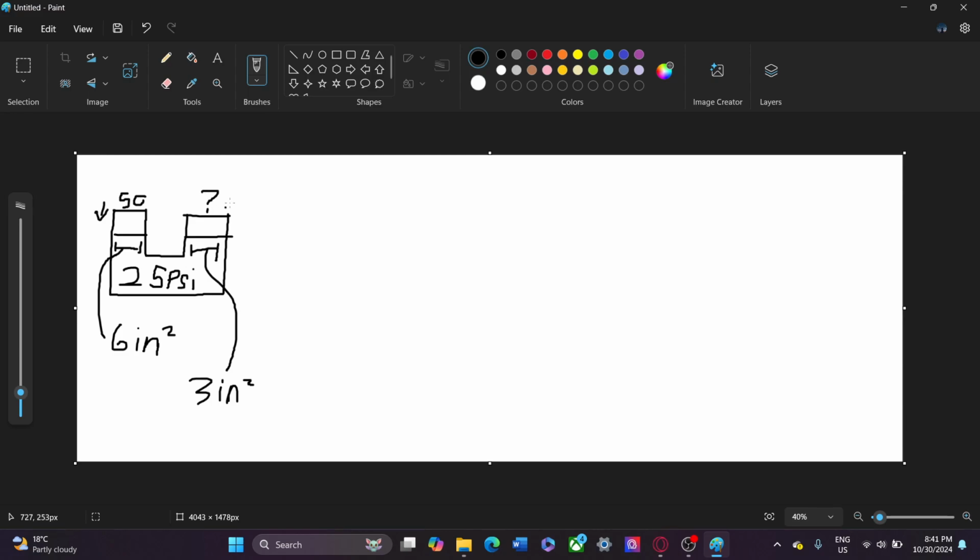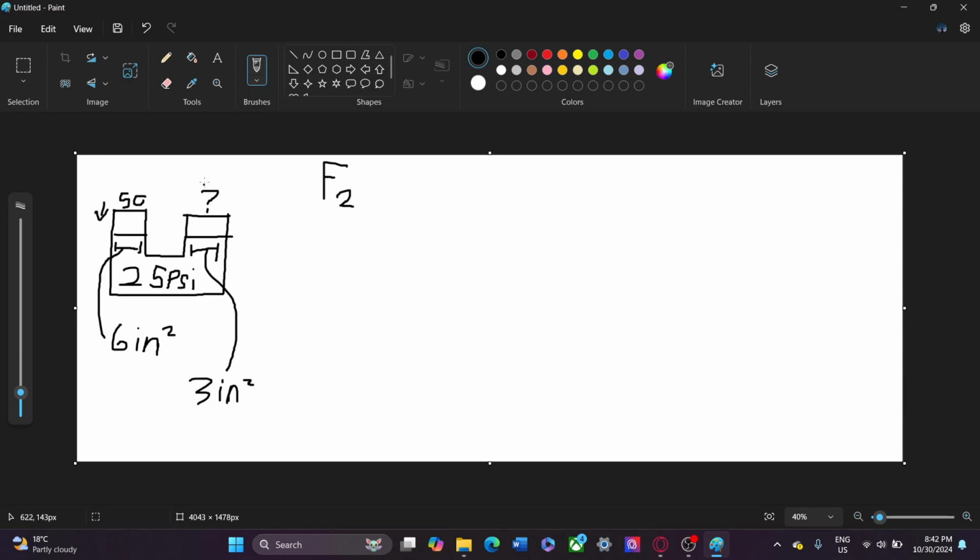To find out the force being exerted here, we're going to need another equation. That equation may seem a little bit more complicated. That equation looks like this.